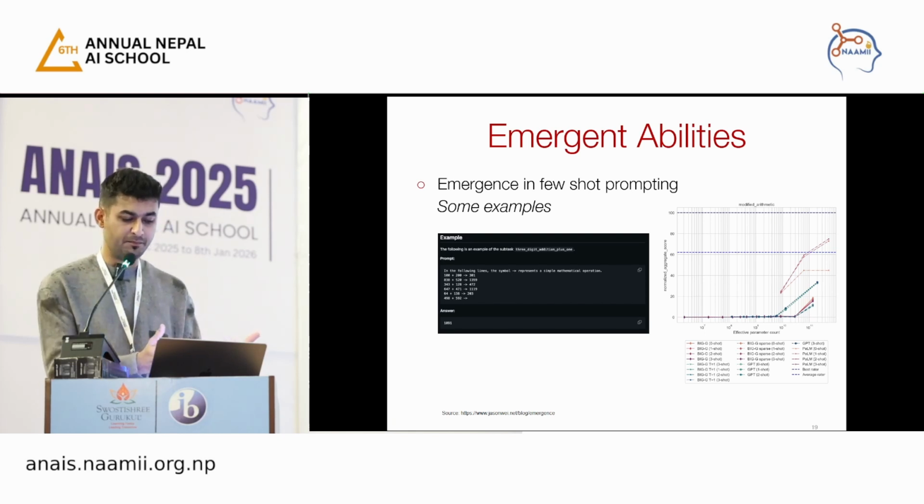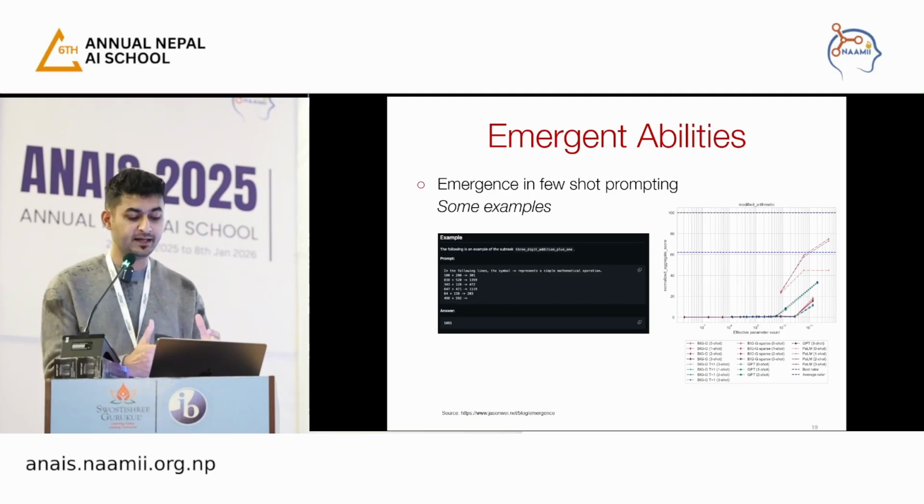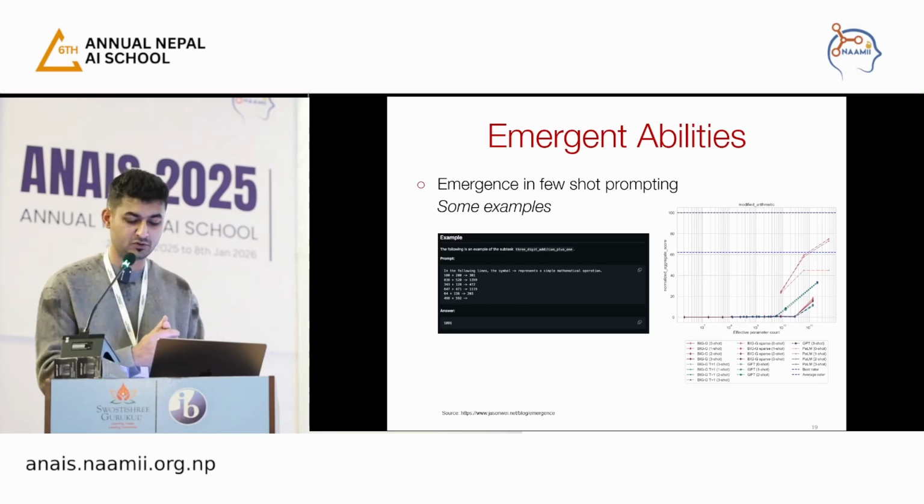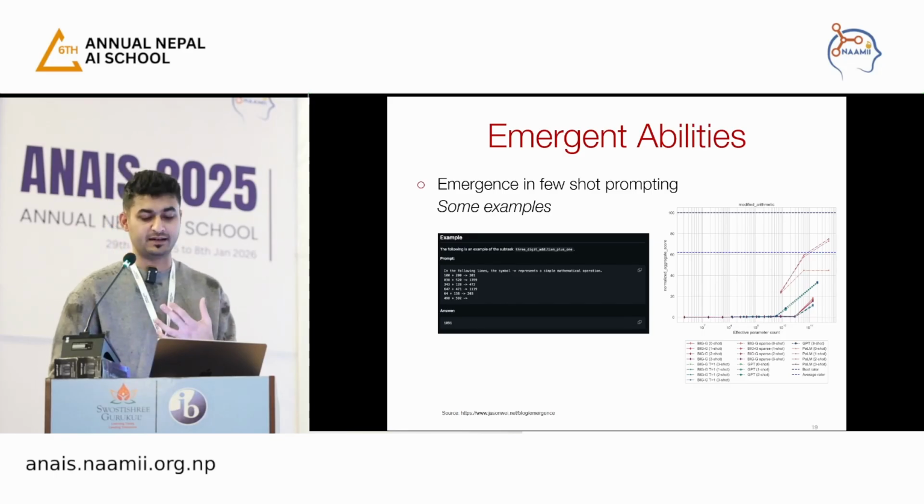But the main thing to understand from this slide is that there is this operation which is not verbose, it's not being said, but we just have examples. In this case, I think there are 5 examples, so it's 5-shot, and the smaller models cannot do it, but larger models can do it.